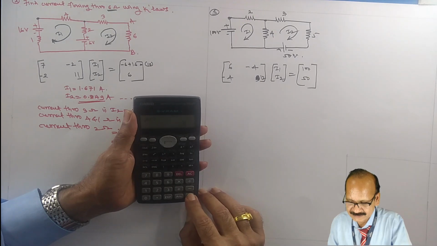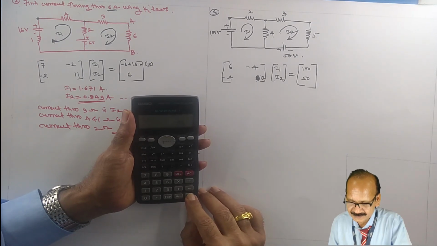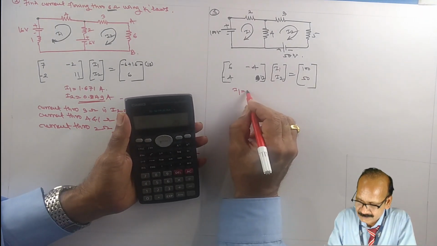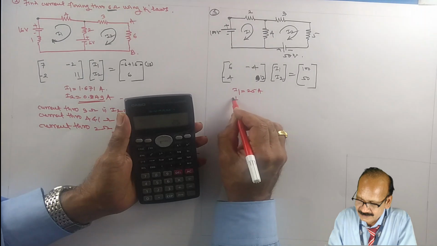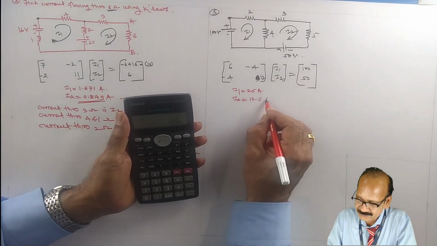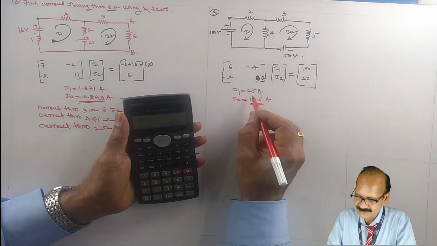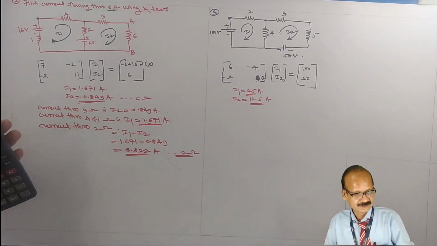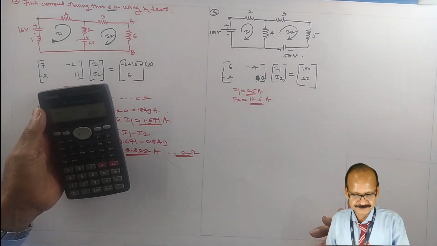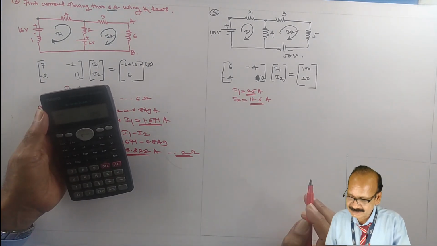A1 6, B1 minus 4, C1 100, A2 minus 4, B2 12, then C2 50. So I1 is 25 ampere and I2 equal to 12.5 ampere. You have to press it once again, or you can use any YouTube video on how to use the calculator.